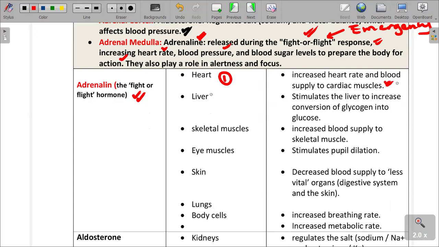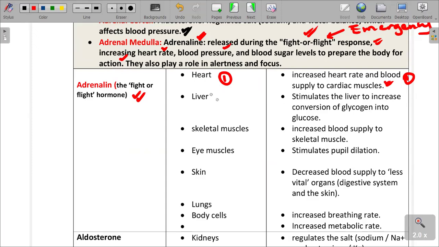So in an emergency response, the adrenaline hormone increases the heart rate in order to increase the supply of blood to the cardiac muscles, which again increases the supply of oxygen to all body cells in order for the body to keep alive. So that is about the heart.